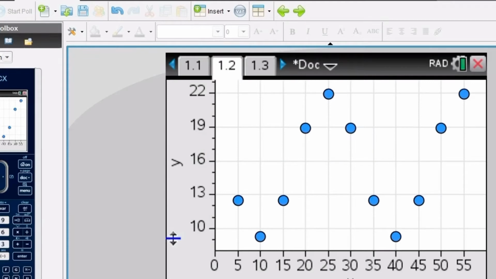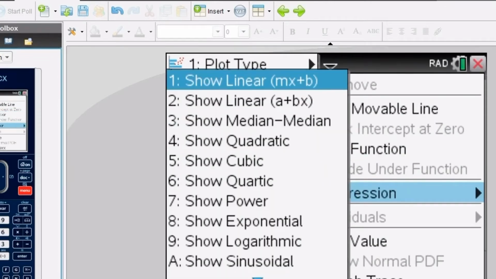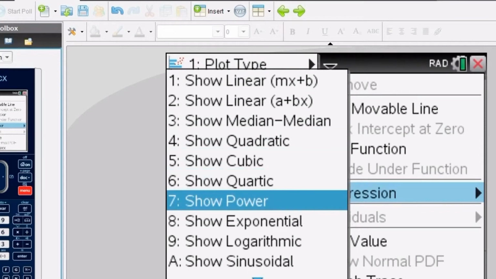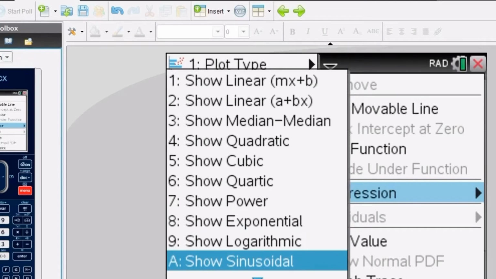So now all I have to do is menu, analyze, and then the regression of this. Now it's not linear, quadratic, cubic, quartic, exponential, or a log function, but it is a trig sinusoidal function.